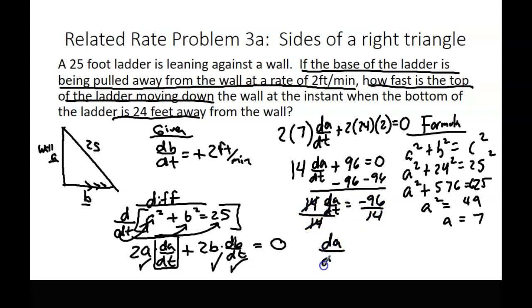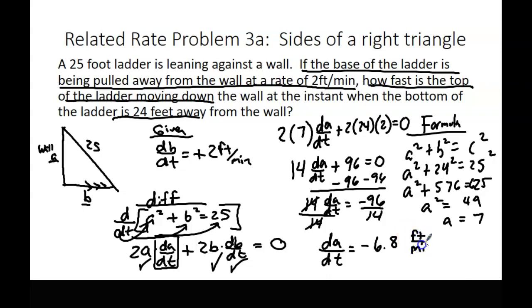Anybody got a calculator? Want to help me with what negative 96 over 14 is? 6.1? 6.8? And that was in what per what?